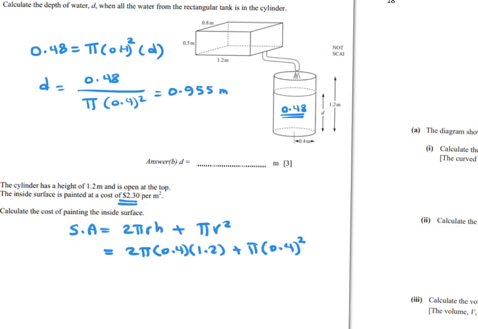So the surface area equals 3.52 to 3 significant figures meter squared. To find the cost, multiply this area by 2.30. So the answer is about 8.10 to 3 significant figures.